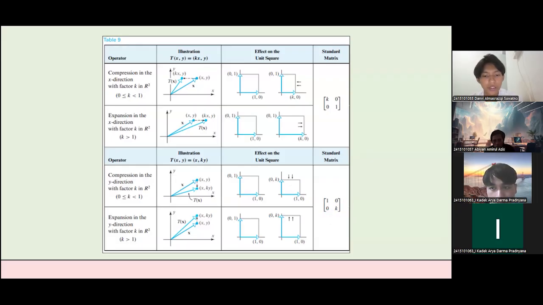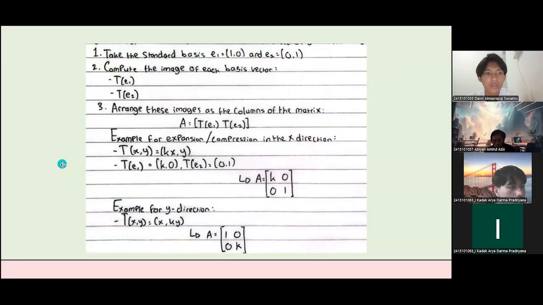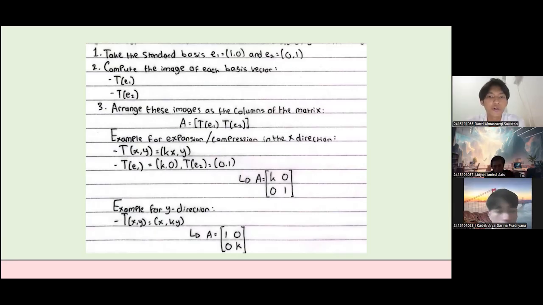And how do we obtain the standard matrix? There are three steps. First, we take the standard basis e1 equals (1, 0) and e2 equals (0, 1). Then we compute the image of each basis vector. In the third step, we arrange these images as the columns of the matrix.